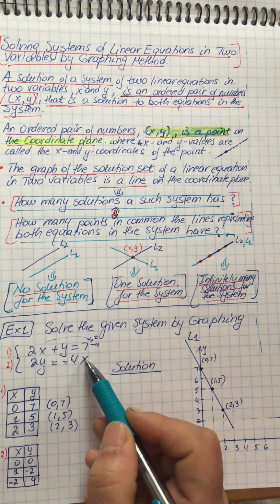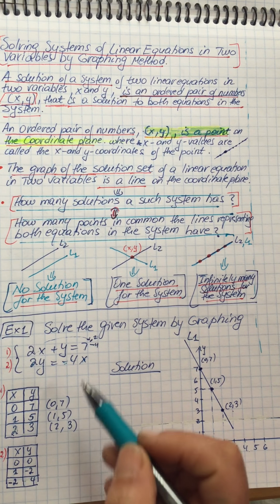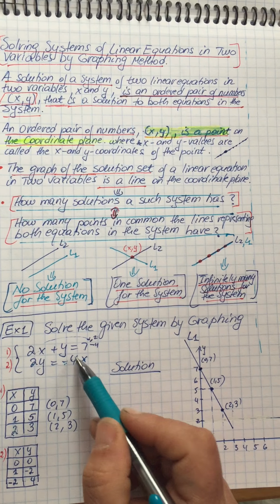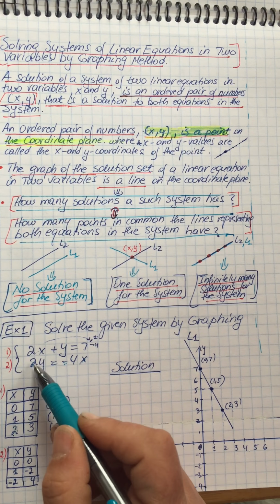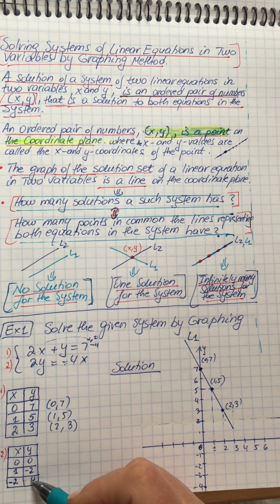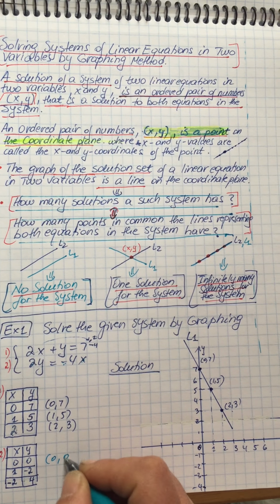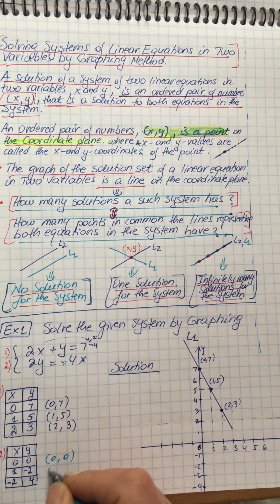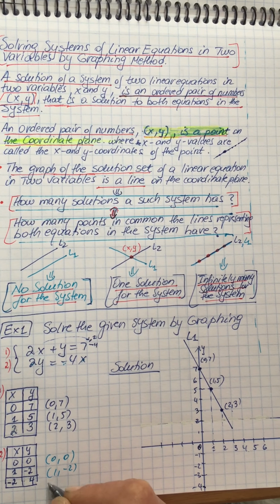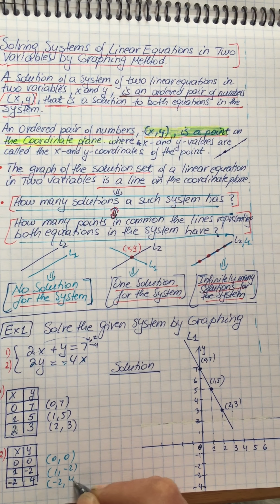If I let x be negative 2, I will have negative 2 times negative 4, positive 8, and positive 8 divided by 2 is 4. So now I have 3 points for the second line: 0, 0, 1, negative 2, and negative 2, 4.